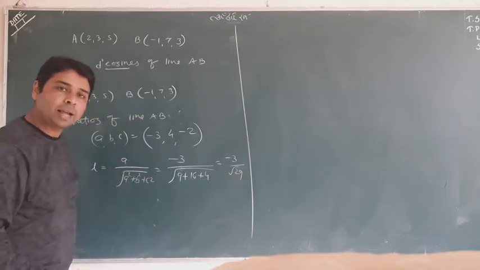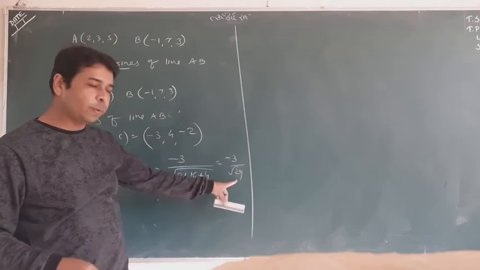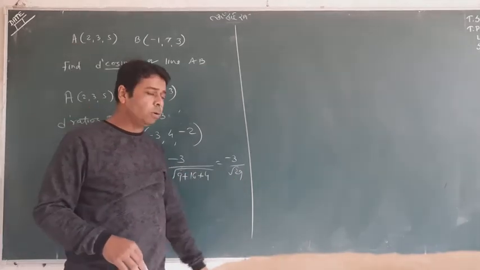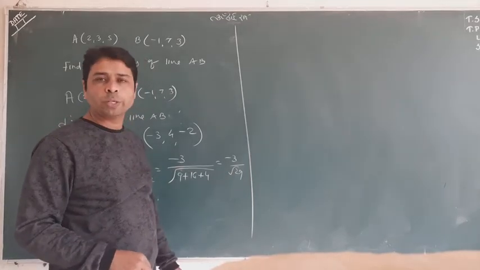This is l. Similarly, m equals B upon the same, so 4 upon root 29 comes, and n equals C upon the same, meaning -2 upon root 29 comes.